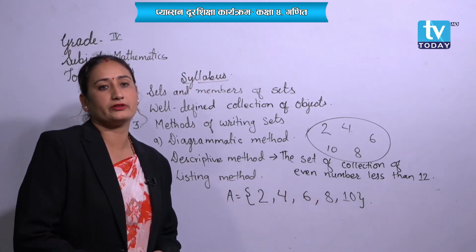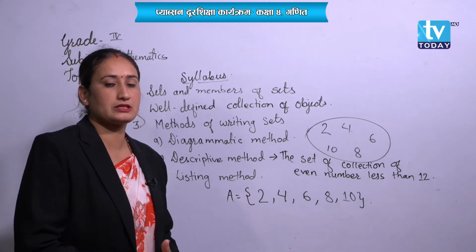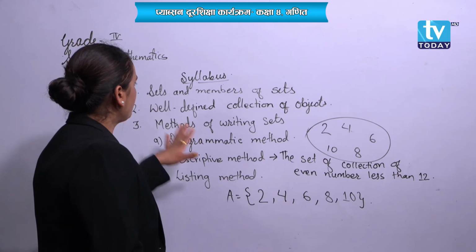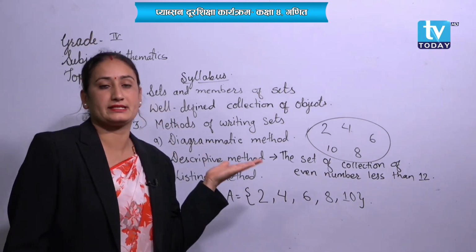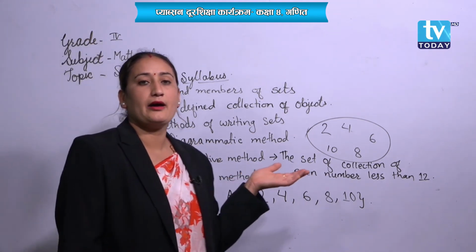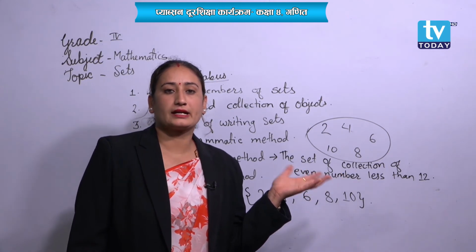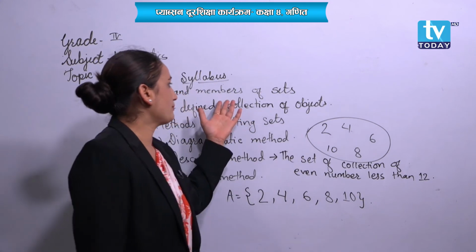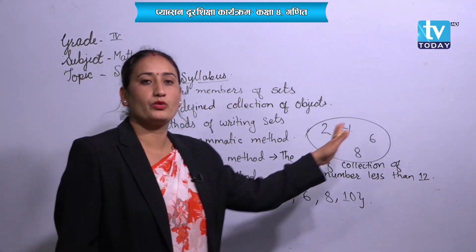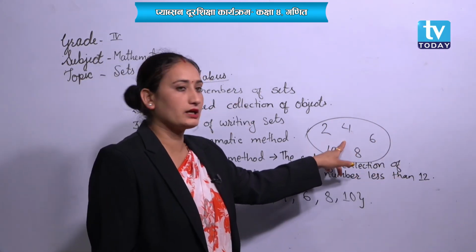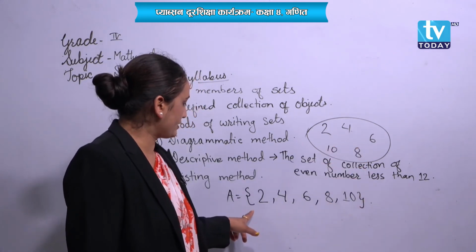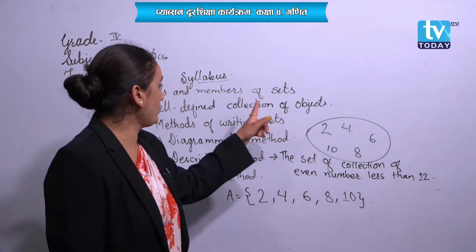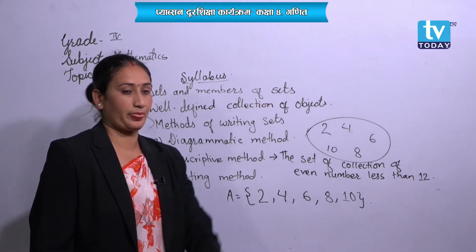Let's have a review of the class and I will provide you some questions to practice. First one is sets. What is a set? It's a collection of well-defined objects. Members of the set are bounded inside a circle, or if bounded inside a curly bracket, then we call them members of a set.